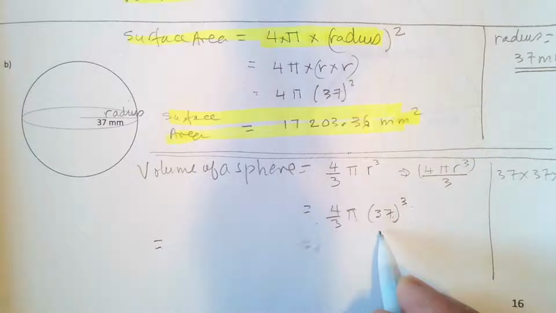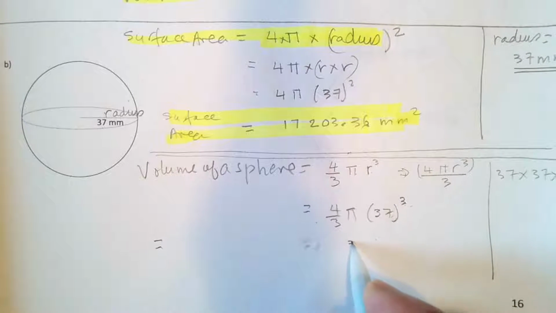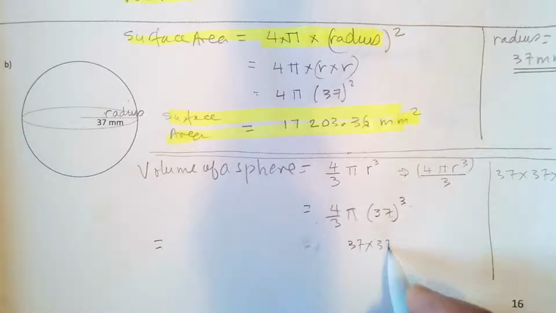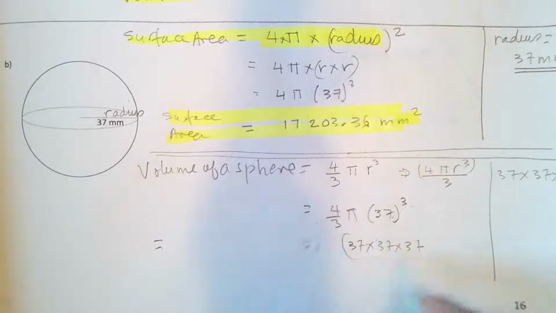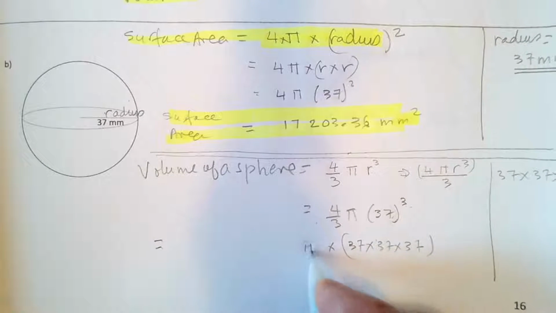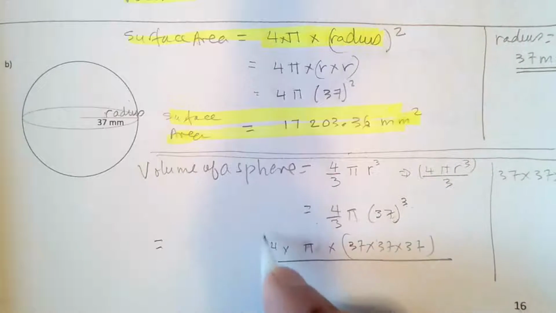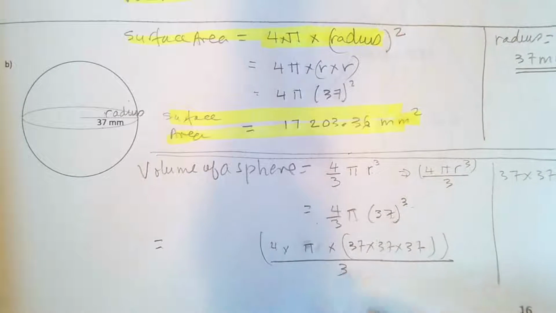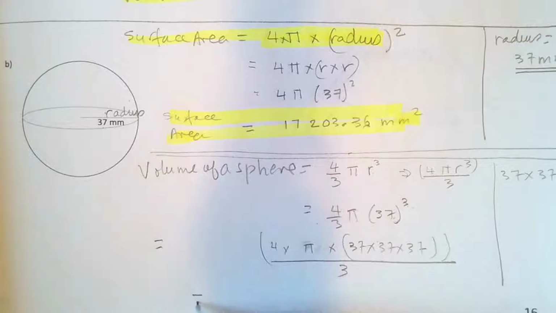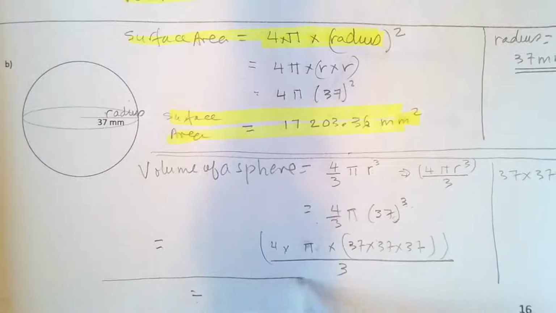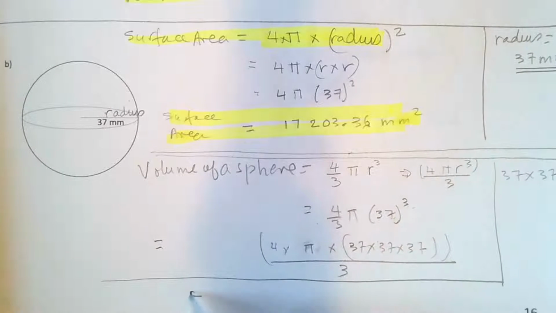So this 37 would be 37 multiplied by 37 times 37, multiplied by pi, multiplied by 4, and divide the whole thing by 3. I'll put a line here so it's separated.